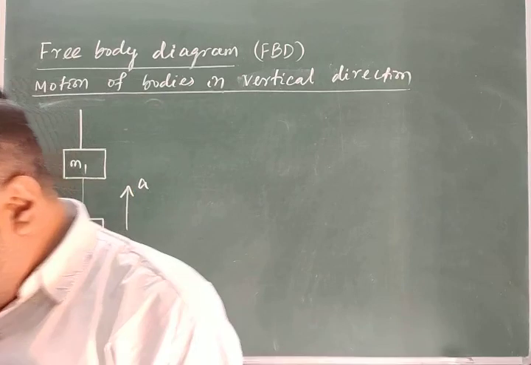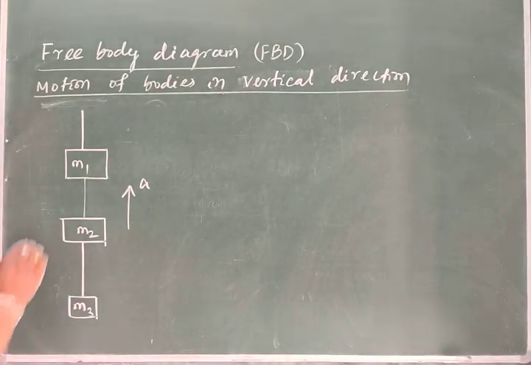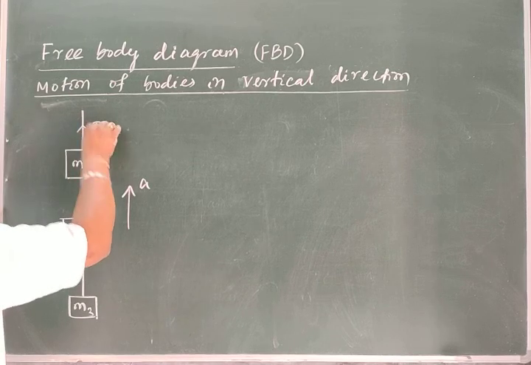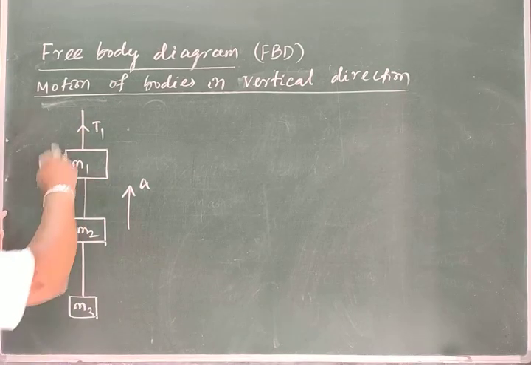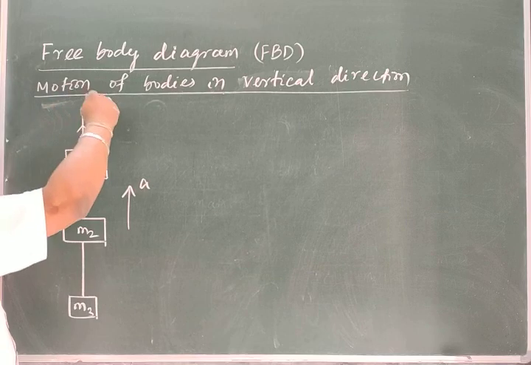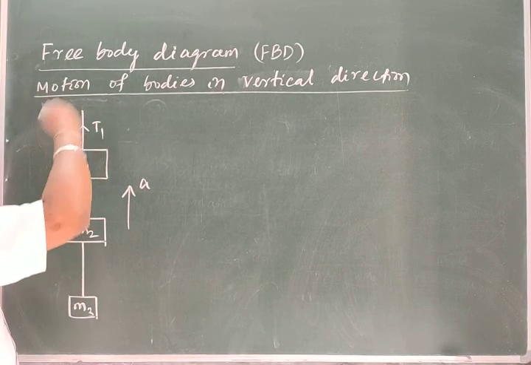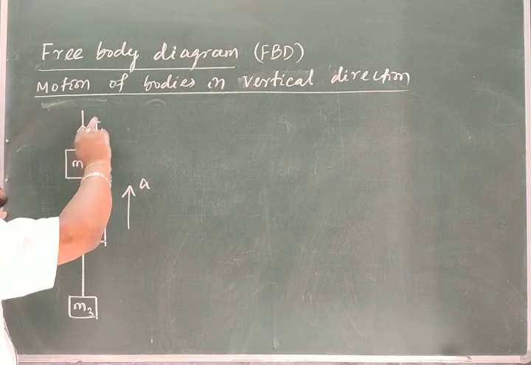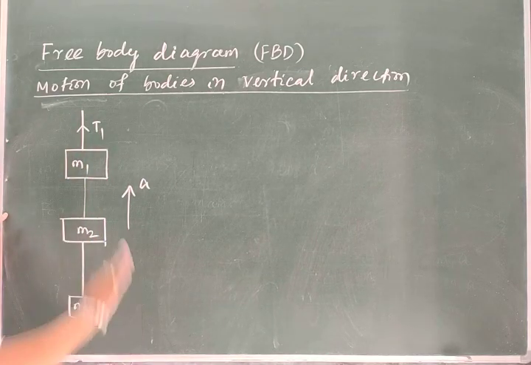Okay. So in this case, as you know, this has a tension that is T1 by M1. If there is a rigid support, it will give another tension, action and reaction, that is T1 again opposite to this T1, equal and opposite, action reaction.